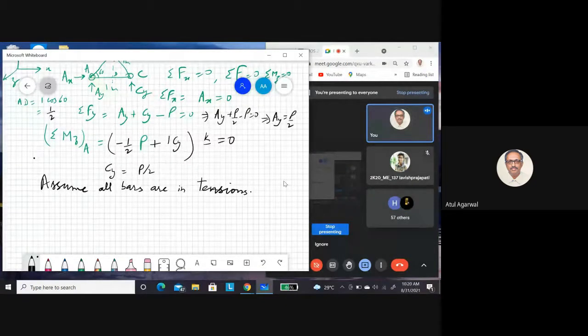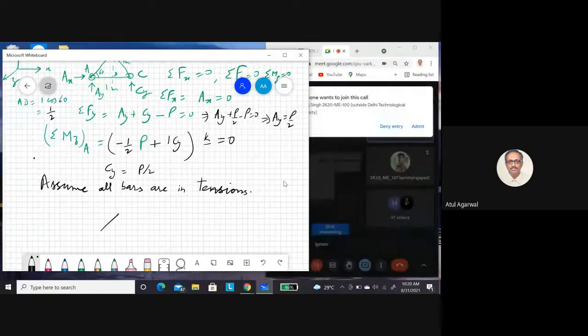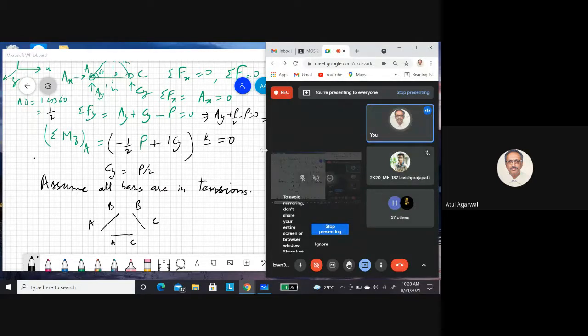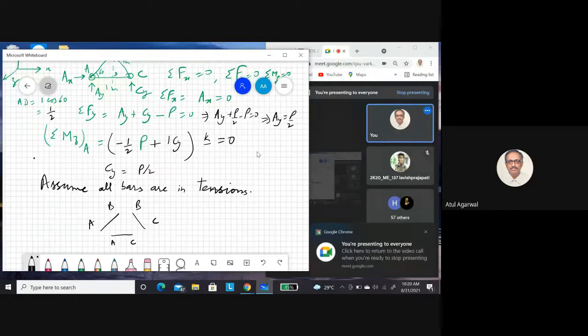So you pick individual bars. These are your individual bars. You have to draw their free body diagrams. You see, they are connected to a pin here.